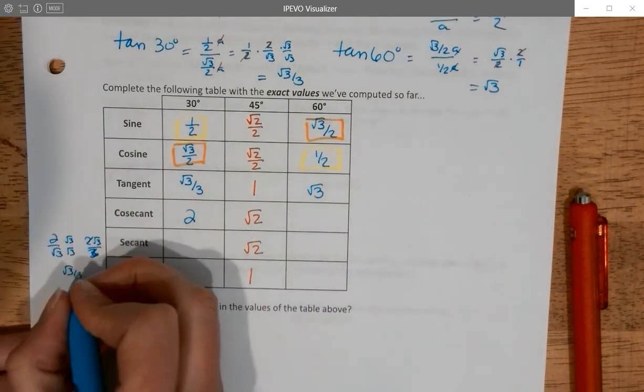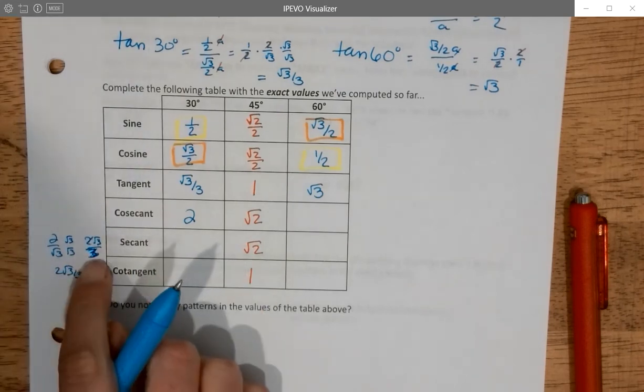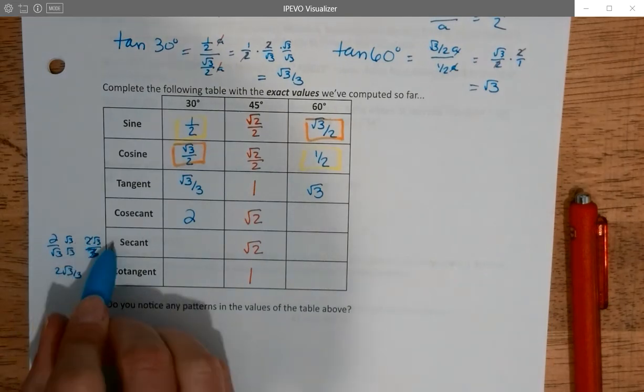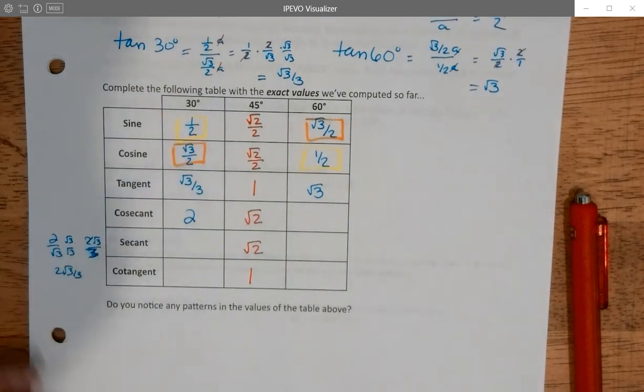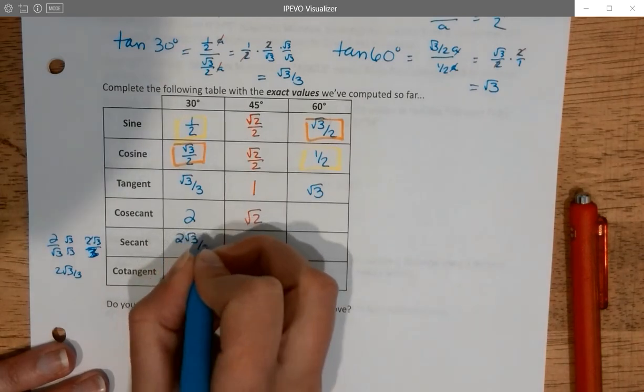Oops, sorry, that's a regular 3 down there. I accidentally made it a 6. It was a 3. So I meant to say the secant rationalizes as 2 square root of 3 over 3, and that can't be simplified.